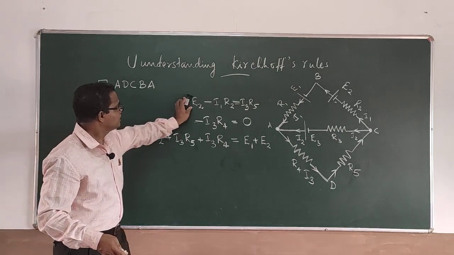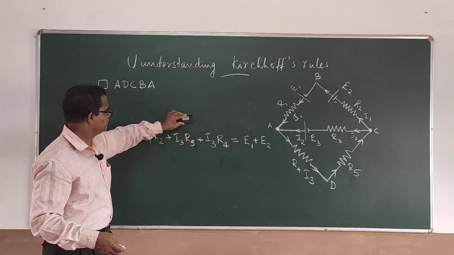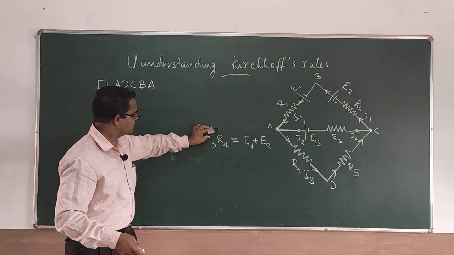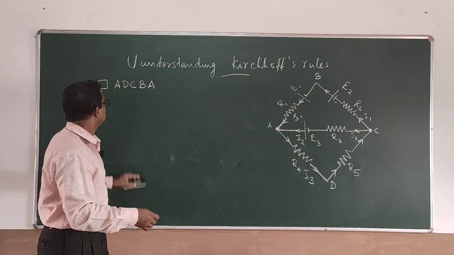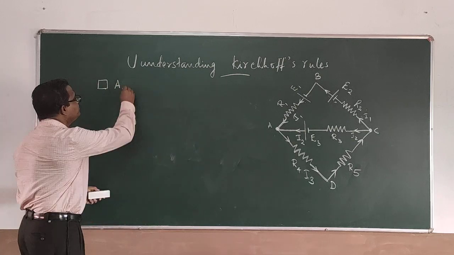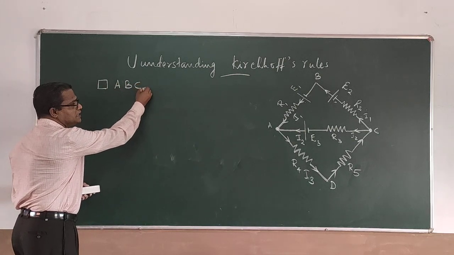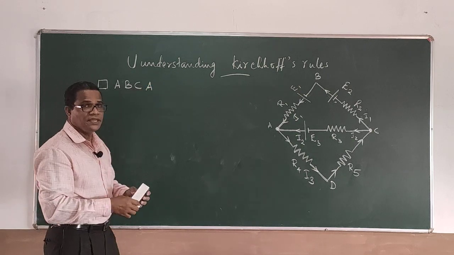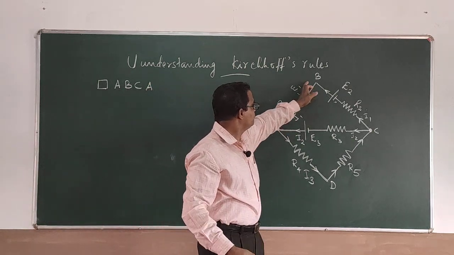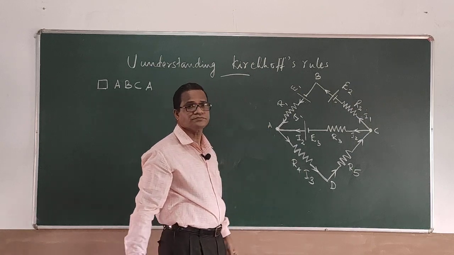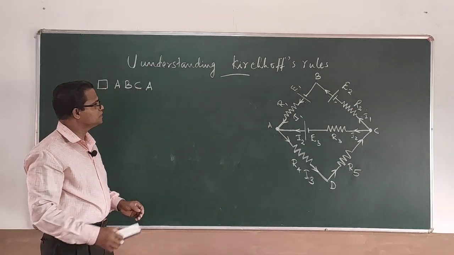For example, let us define a small loop, that is A, B, C, A. Okay?